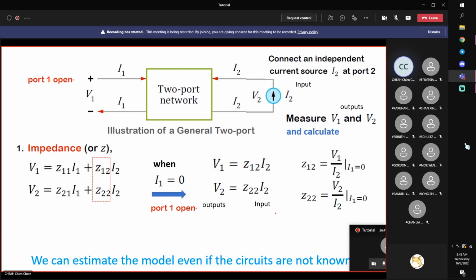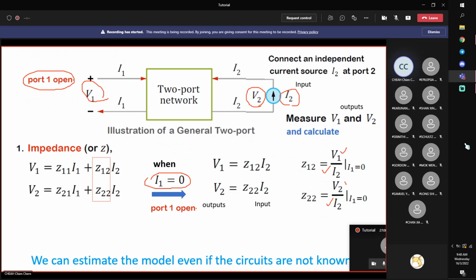So same thing, this is what we will do. We will leave port 1 open now, because you want to set I1 equal to 0, so the other way around. Then you inject a current source, say 1 ampere at I2, so I2 is known. Then you use a voltmeter to measure V1 and V2. Here is the open circuit voltage.